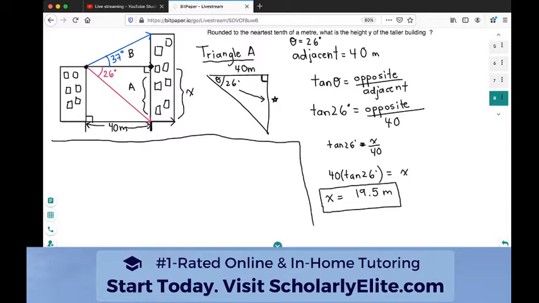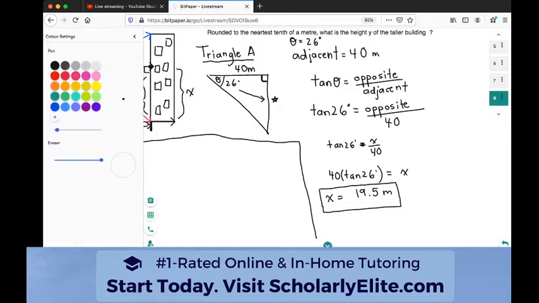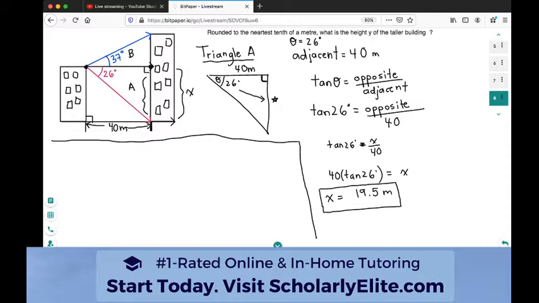I'm going to change the color just so that we can differentiate that a little bit. So we've got triangle B, and in triangle B, it looks like this. Oh my gosh, my straight lines, you guys. Whoops. So we'll do that, and do that.